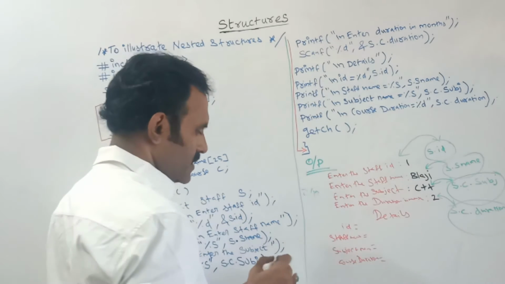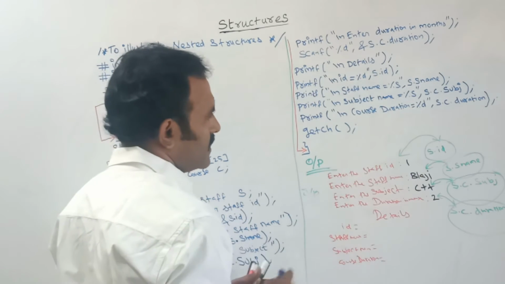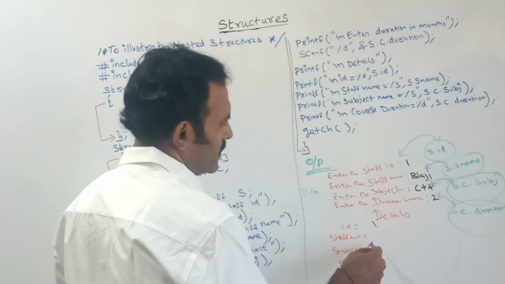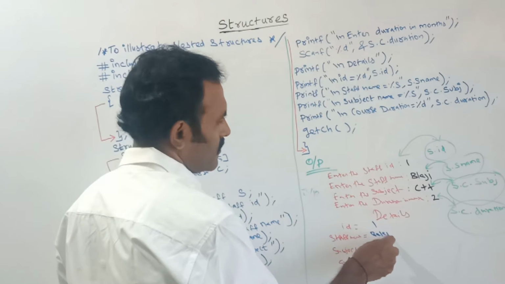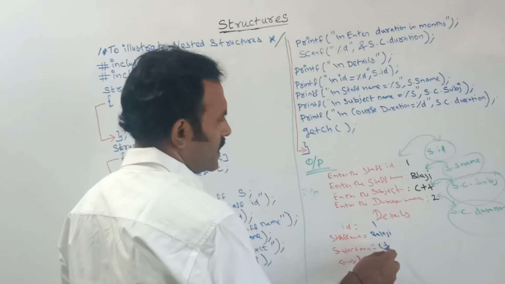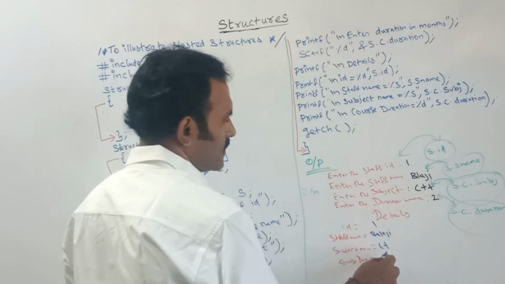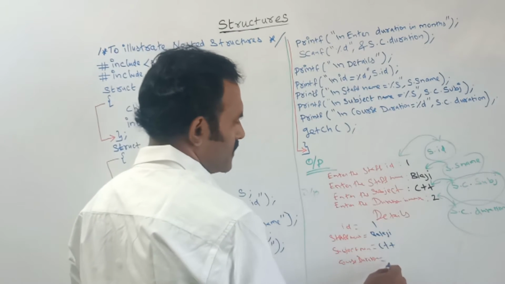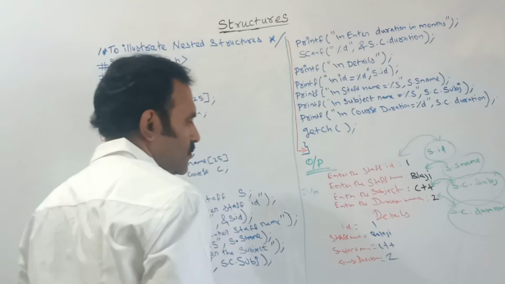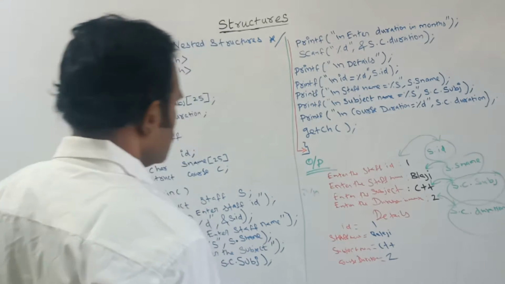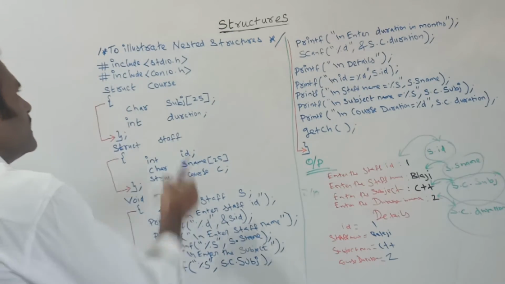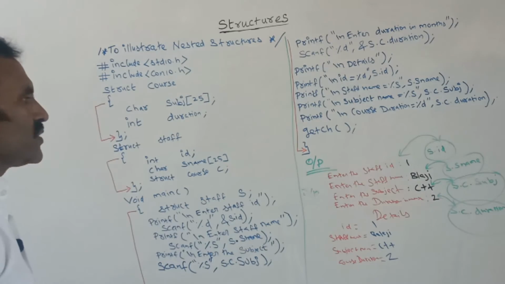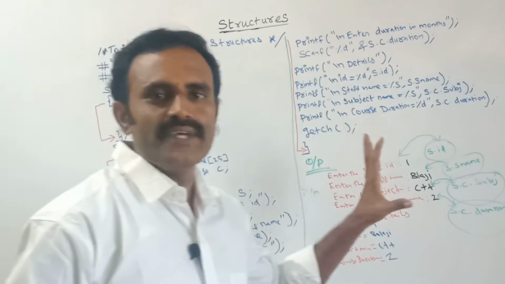This is the output: staff ID 1, staff name Balaji, subject handled C++, duration of this course is 2 months. So nested structures can be stored and retrieved in this way.